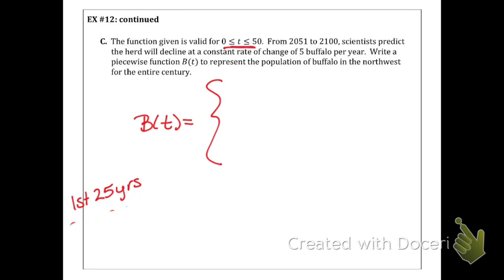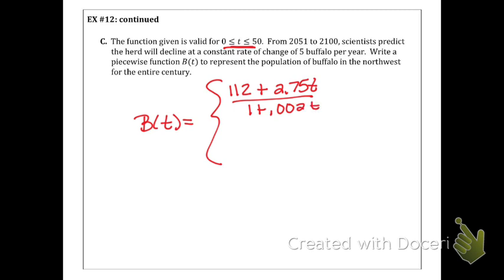So, okay. But they gave us that equation, so I'll tell you what. Let's just use the equation they gave us. So they told us that the 112 plus 2.75t over 1 plus 0.002t, and this is good for 0 is less than or equal to t, less than or equal to 50.